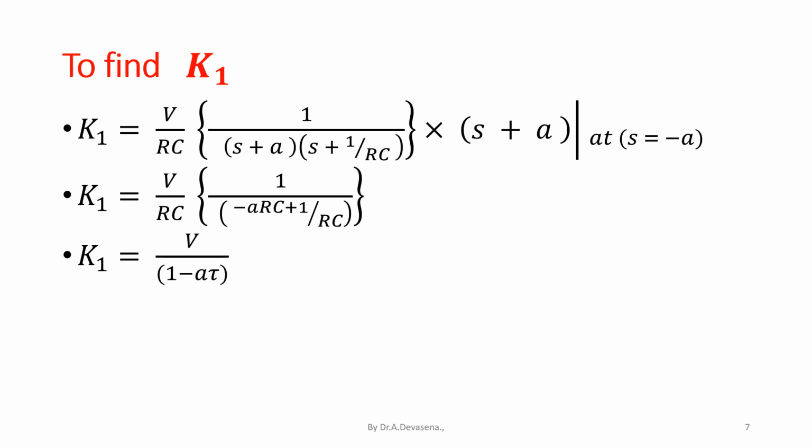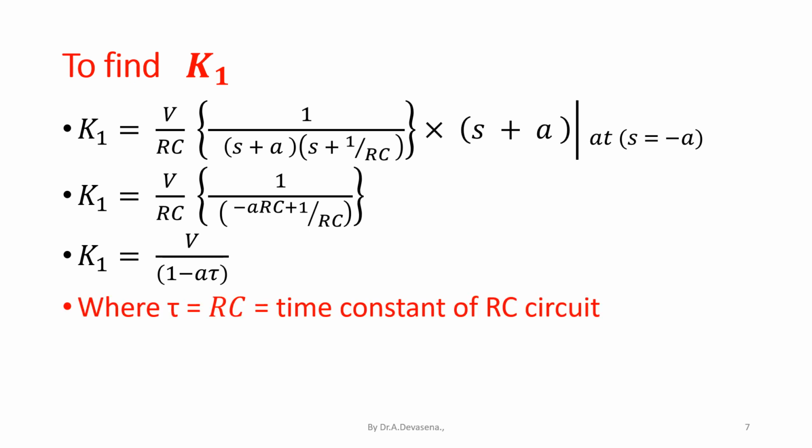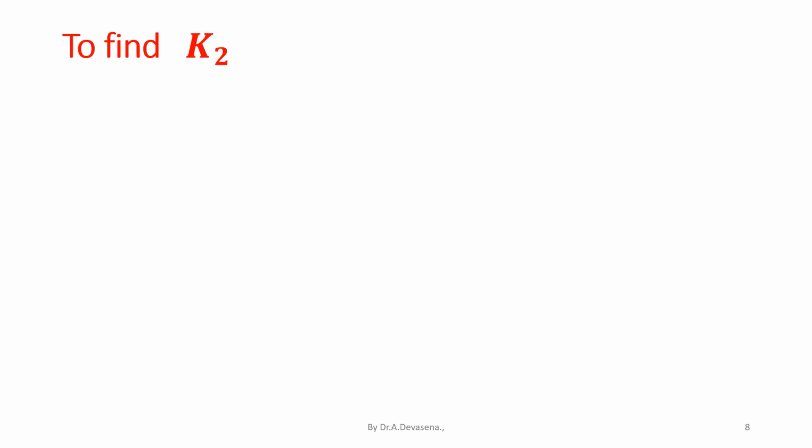If you further simplify, we get K1 is equal to V divided by 1 minus a tau, where tau is equal to RC, that is the time constant of the RC circuit. Let us find the value of K2.